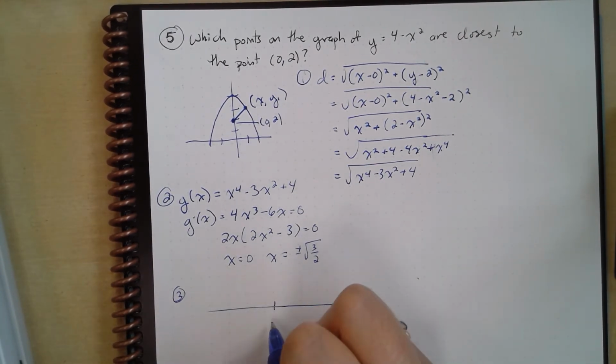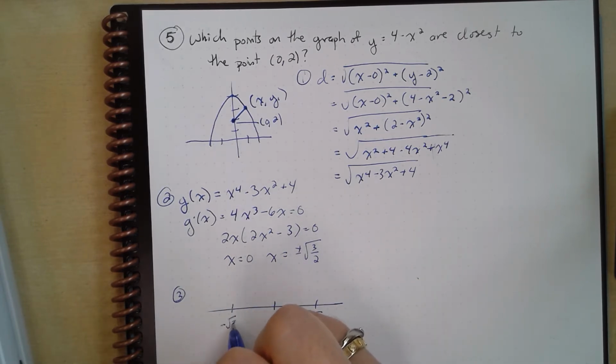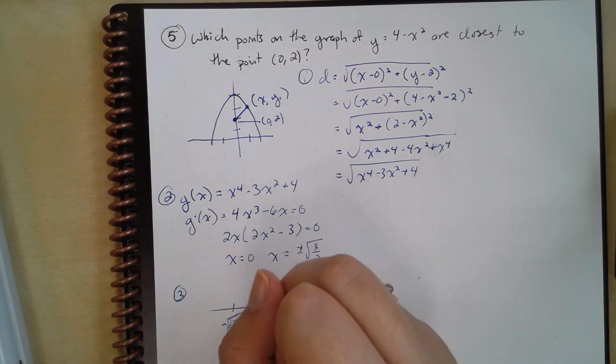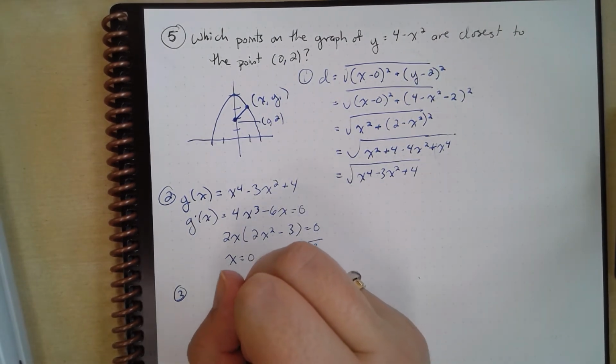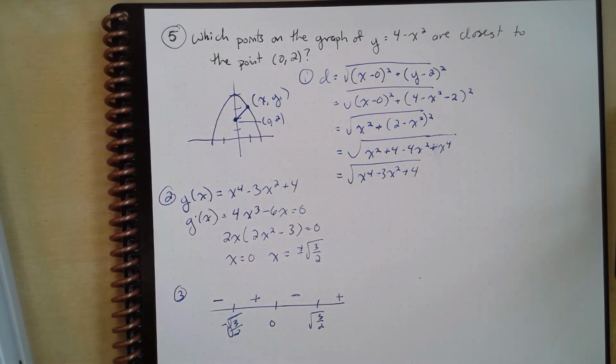All right, so I have 0. I have radical 3 over 2. I have negative radical 3 over 2. That should all be under a radical there. So if I test this, over here, this value is going to be positive. This value is going to be negative. This value is going to be negative. This value is going to be positive.